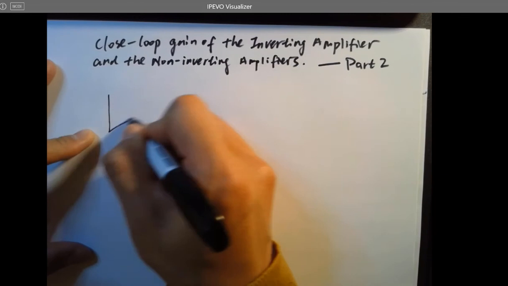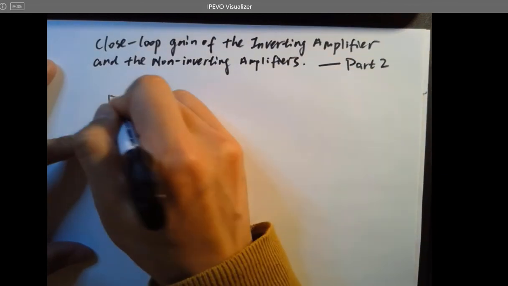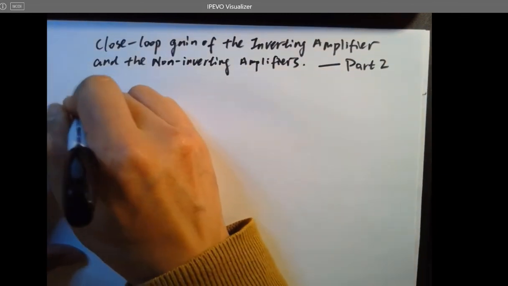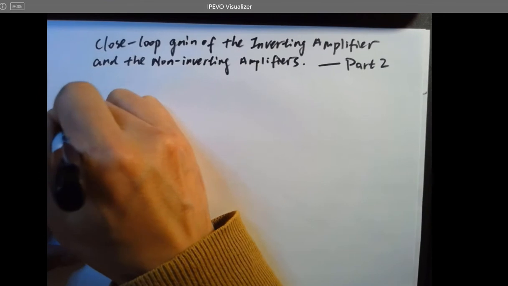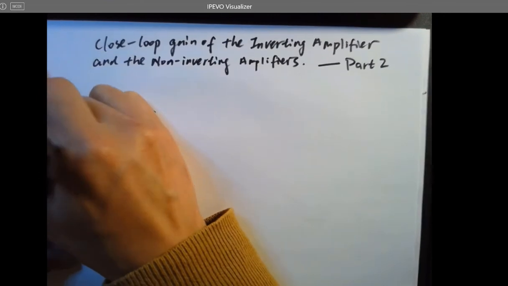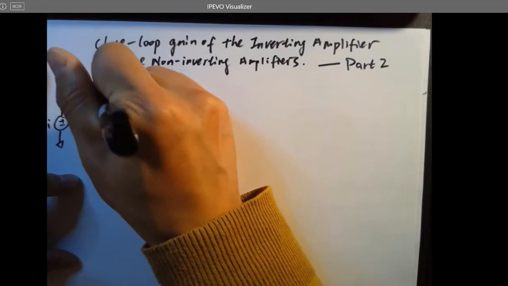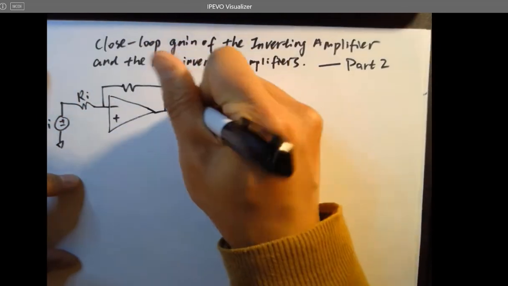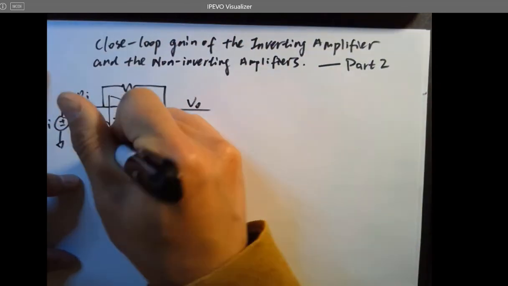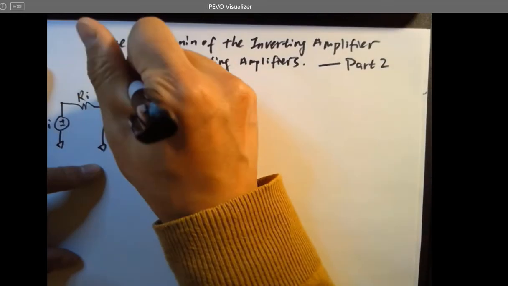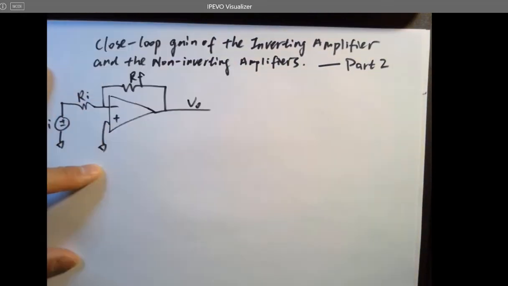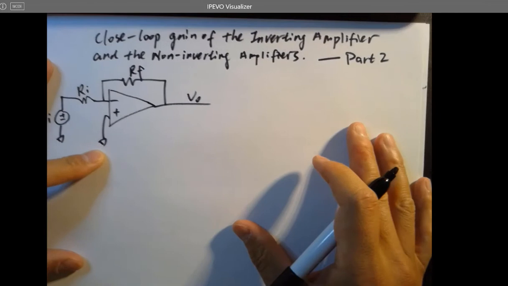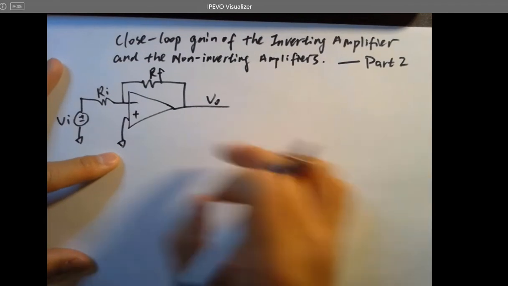If I draw a topology like this, minus plus, here's Ri, here's Vi, here's Rf, which is a feedback resistor, here's Vo, and that's ground. So what's the voltage gain for this topology?